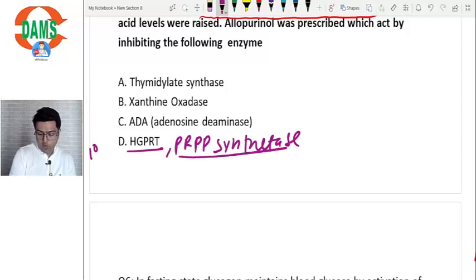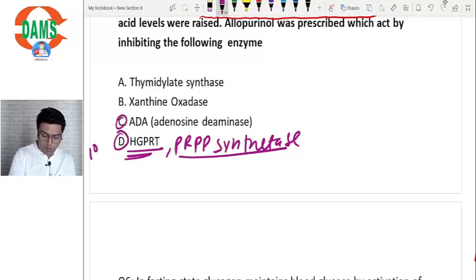So these two enzymes you can remember which cause primary hyperuricemia. As we all know, HGPRT is deficient in Lesch-Nyhan syndrome, which presents with hyperuricemia, mental retardation, and self-mutilation.